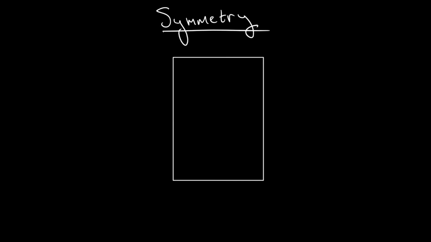Symmetry. So when most people see the term symmetry, they think of something like I have some shape, and I can draw a line where if I fold this over this line, or maybe I reflect about this line, the shape looks exactly the same, or the two edges line up, however you want to think about it.